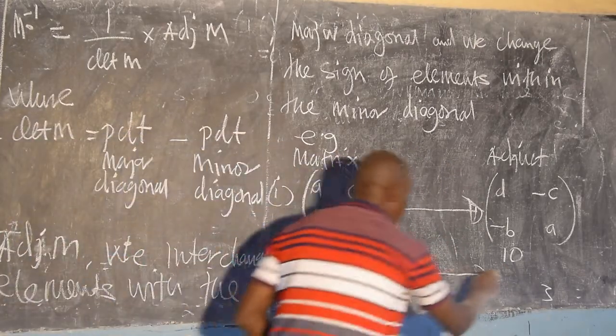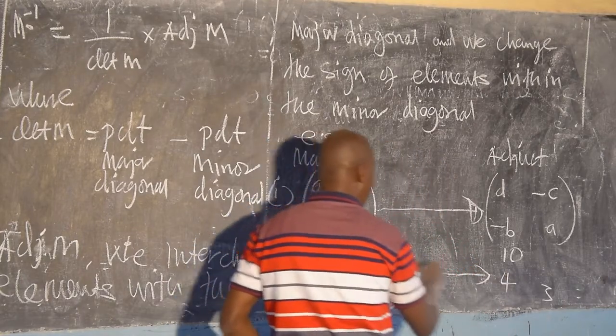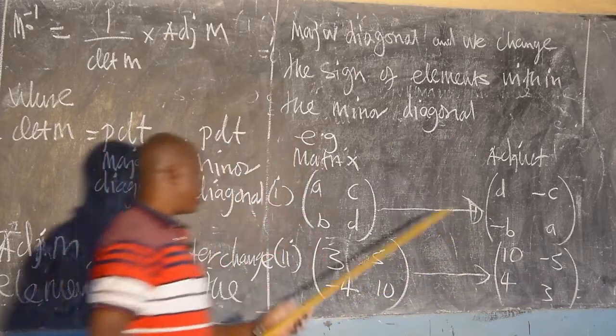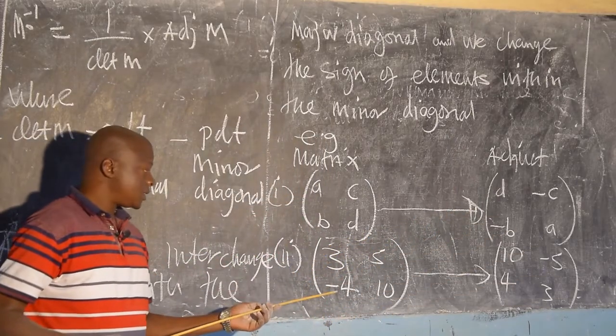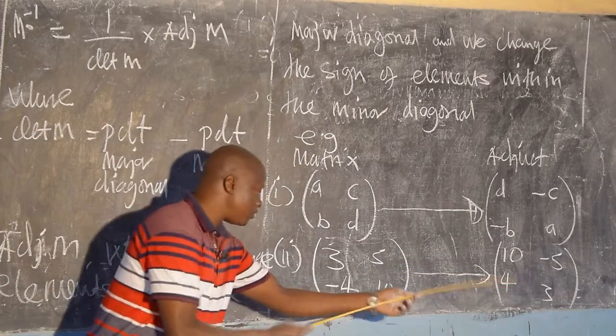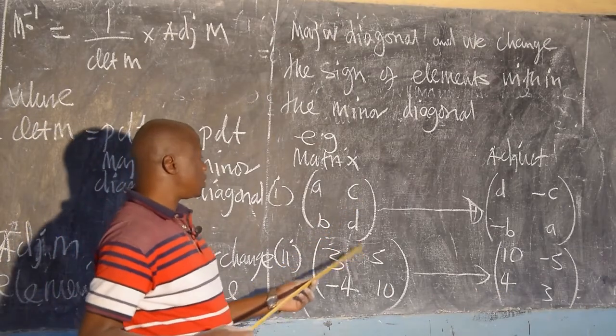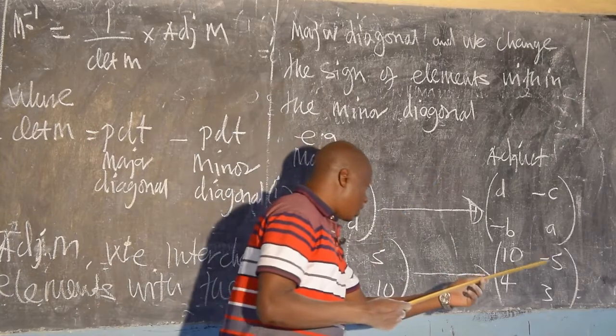This is positive 4, negative 5. The sign of 4 has changed into positive, whereas the 5, which was positive, has changed into negative.